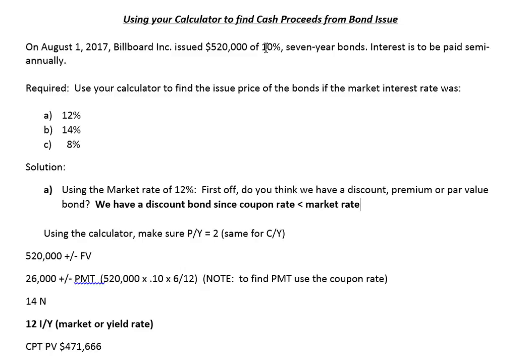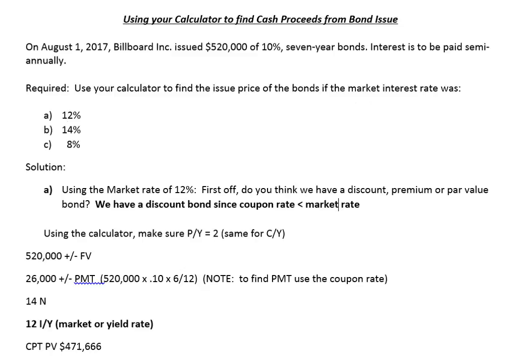Why? Because the issuer couldn't afford to pay more than 10% to you, the investor, but everybody else on similar investments is paying 12%. So you can't expect to get as much money for your bond if you're Billboard than somebody else who's paying more interest on their investment than you are.